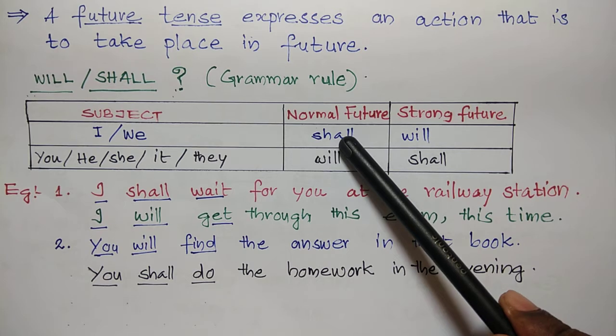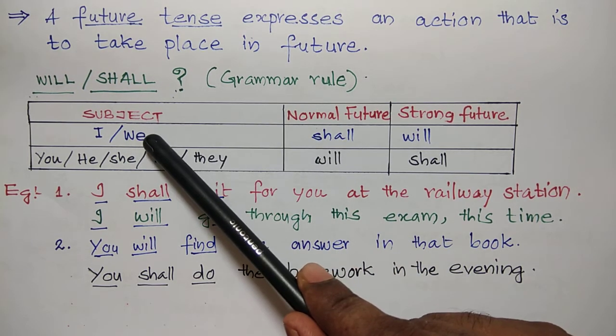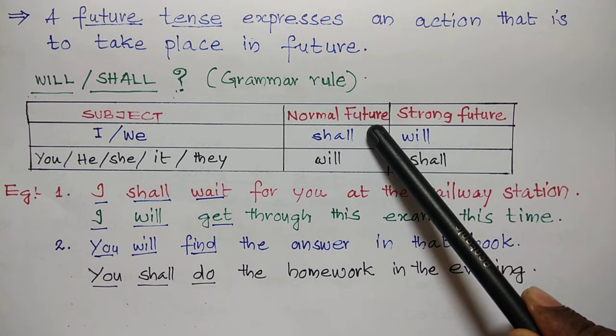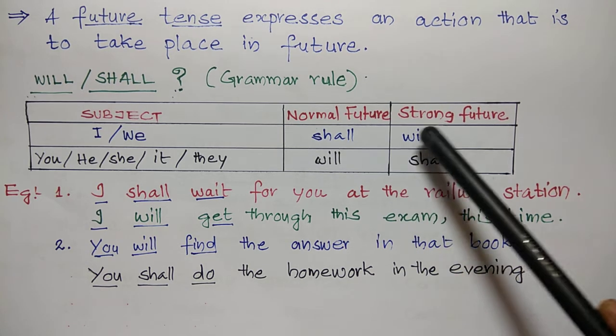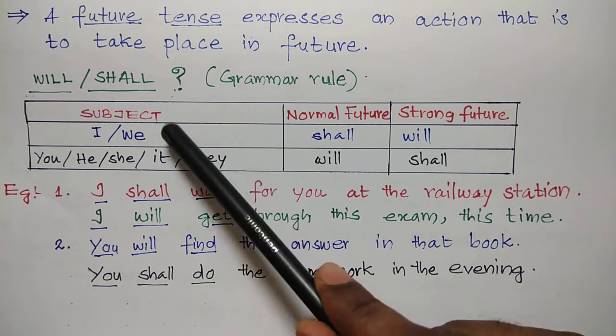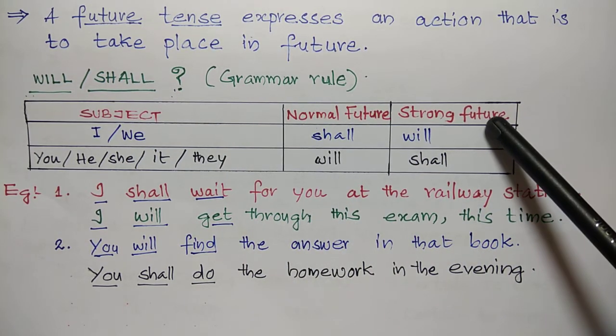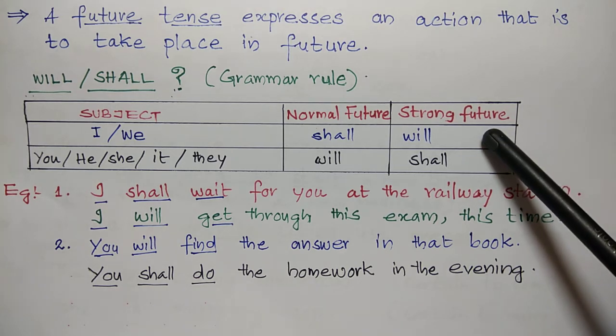We use shall with I and we. That means it is normal future. And if it is will with I and we, then it is strong future. Strong future means a determinant action or a definite action.